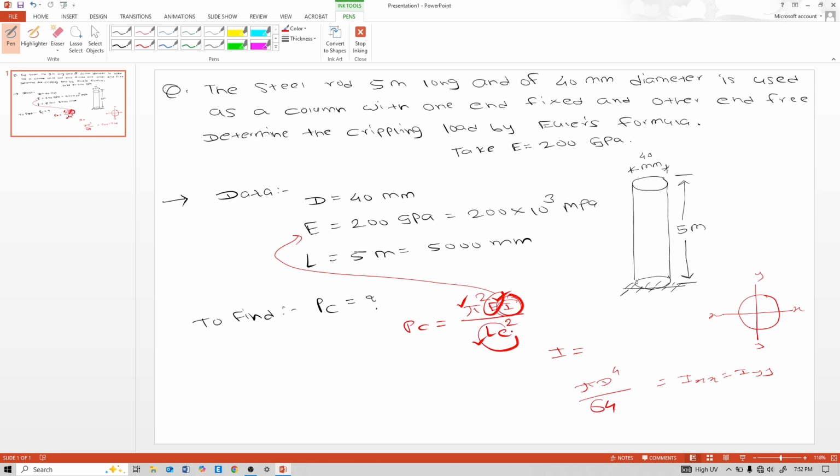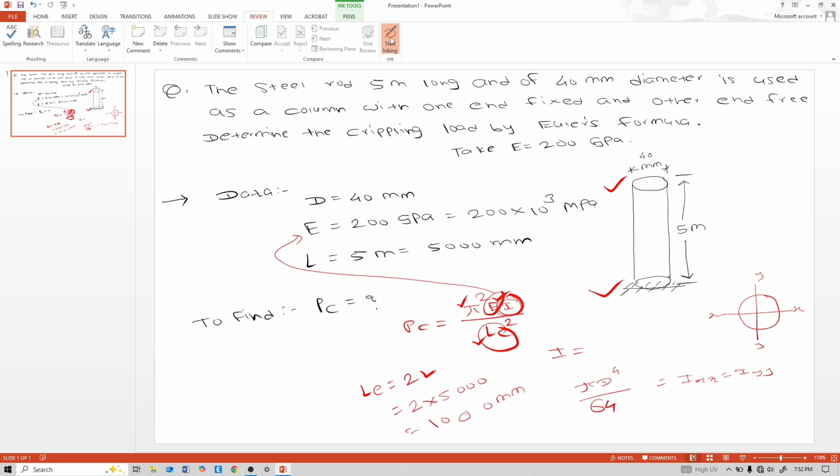And LE, what is this LE? LE for one end fixed and other end free, the effective length is twice L, and L, we all know, is the actual length 5000. So this LE is 10,000, and the unit is mm.